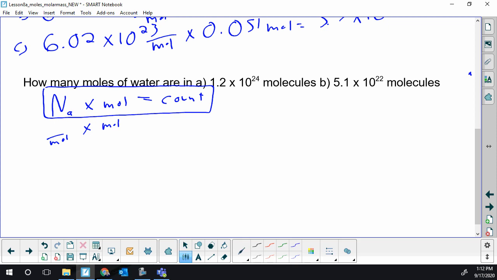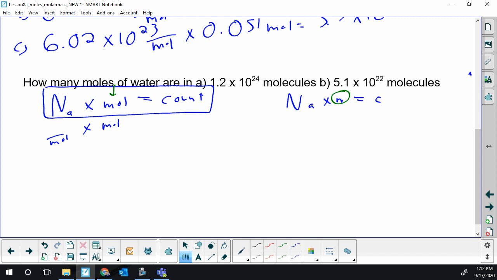To solve this question, I want to rearrange this and get mole all by itself, so I can solve for moles. Avogadro's number times, I'm just going to use the symbols now, N equals our count. But I want moles. I want that all by itself so I can solve for it.